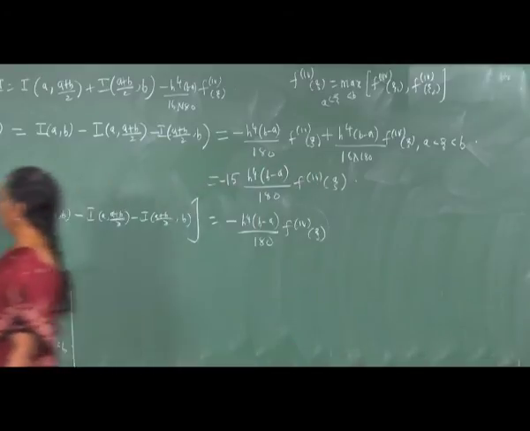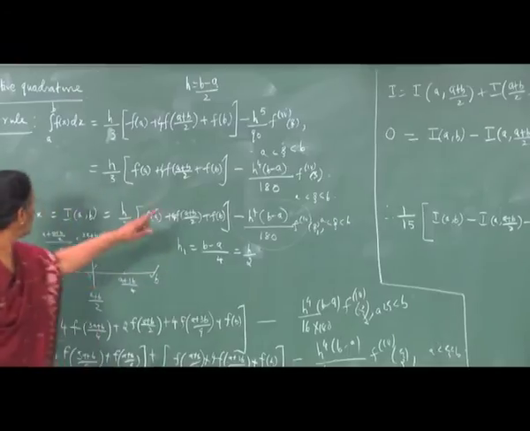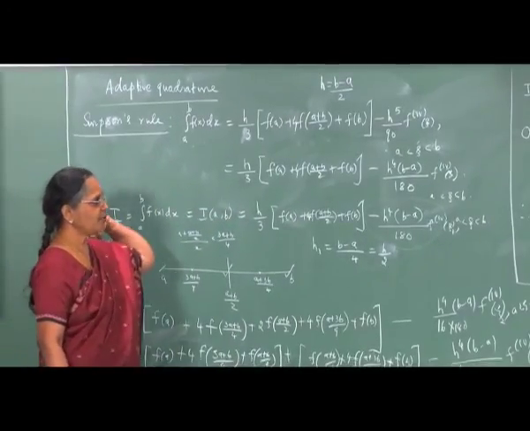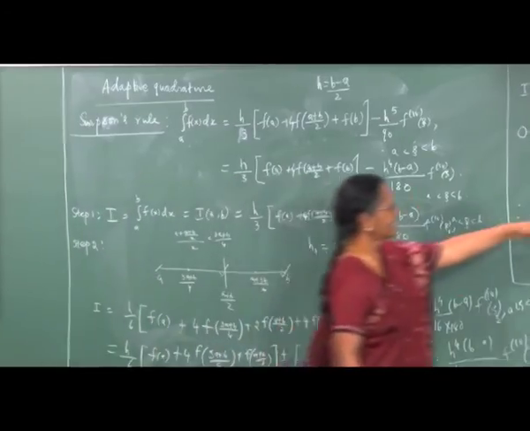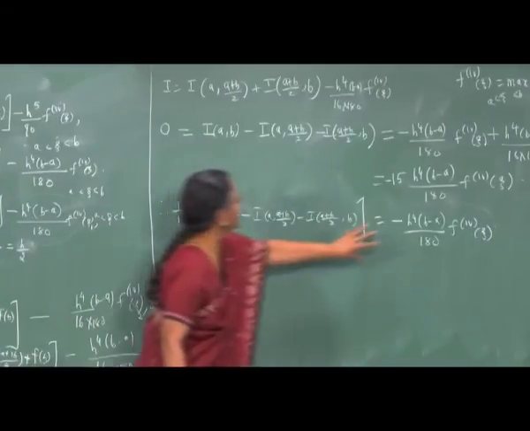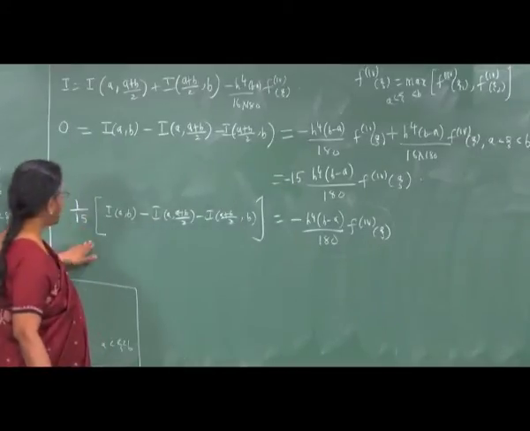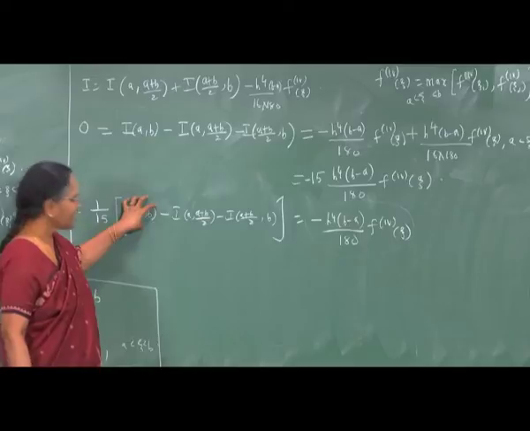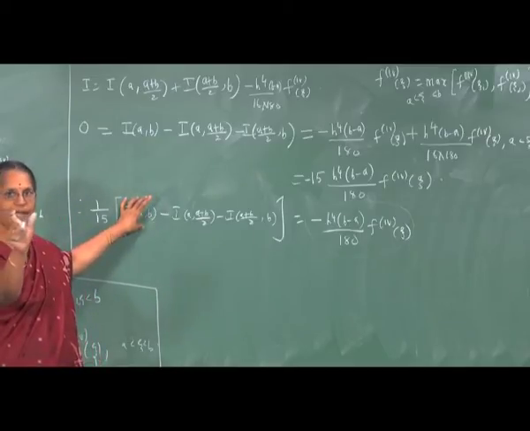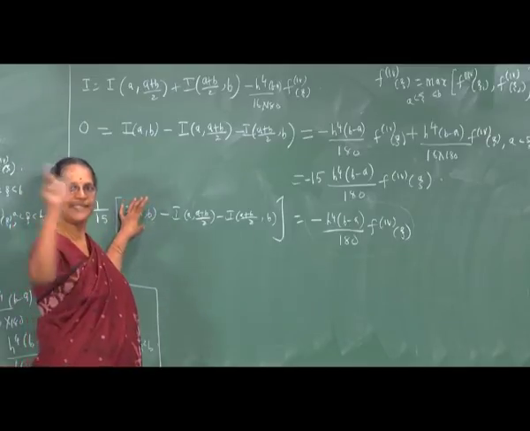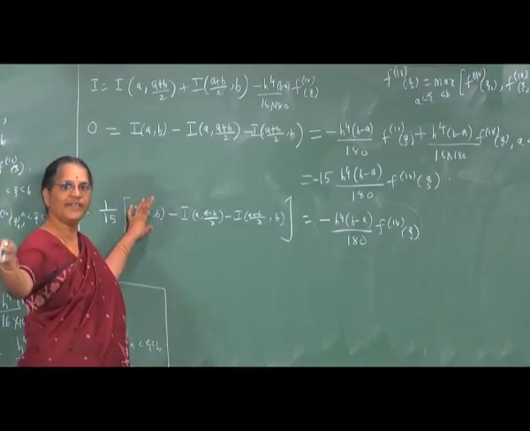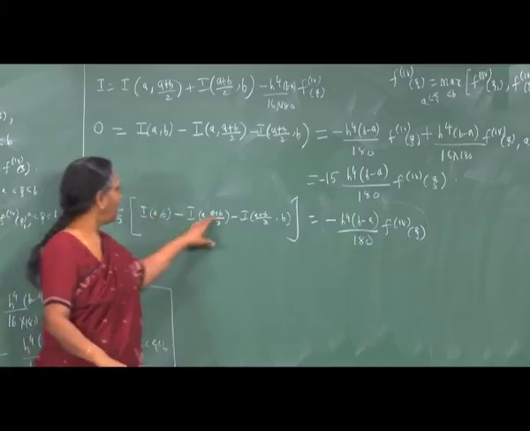This is essentially the error that you get in evaluation of this integral I by applying Simpson's rule, and that says that error is 1/15th of the difference between applying Simpson's rule in an interval a b and then applying Simpson's rule in the interval after dividing a b into 4 equal parts.